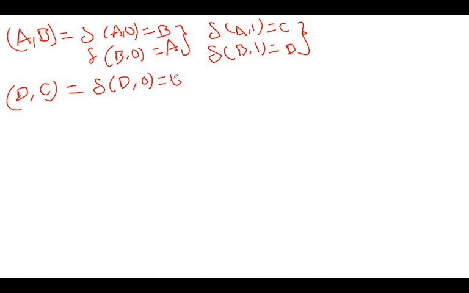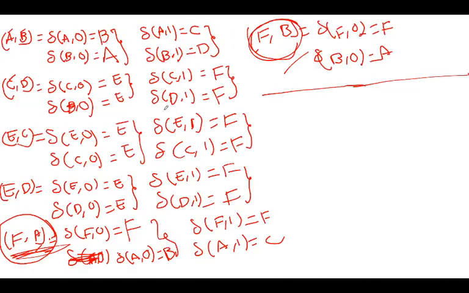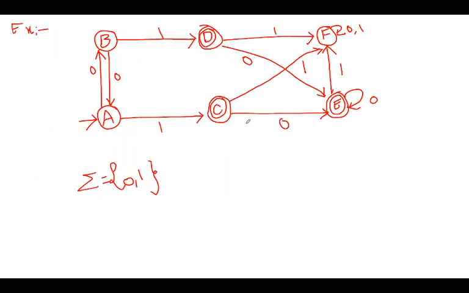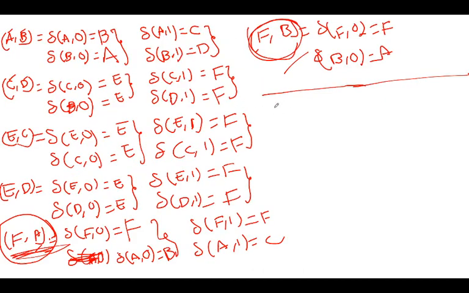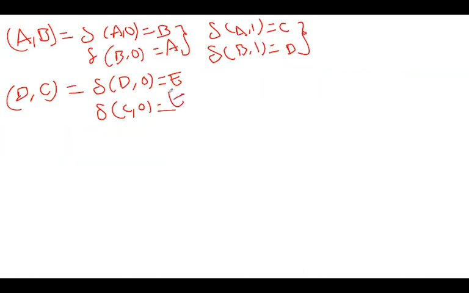Now transition of C comma 0: C taking the input 0 goes to E. Hence both are equal. There is no such block in our diagram, so we don't see that.